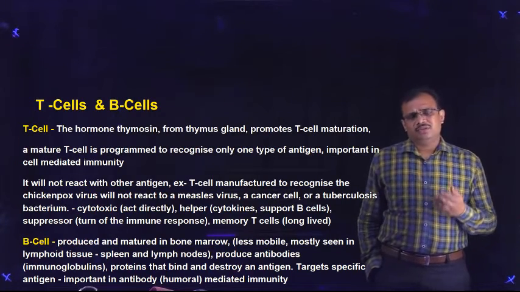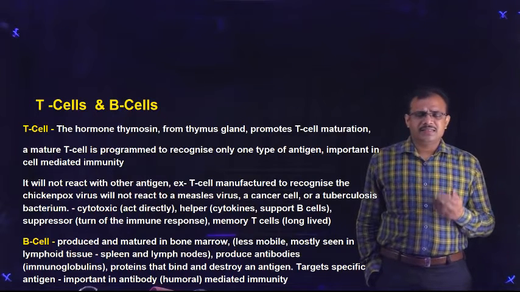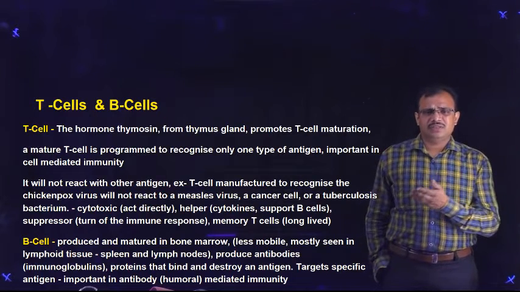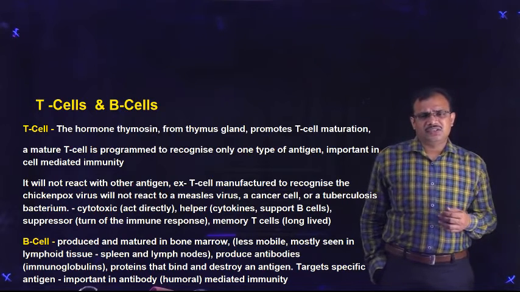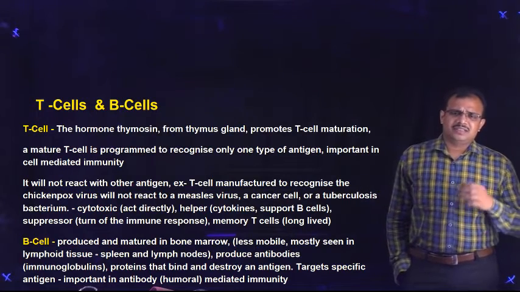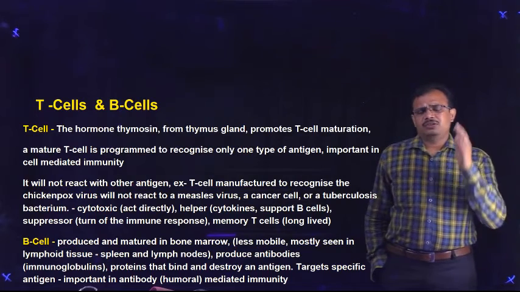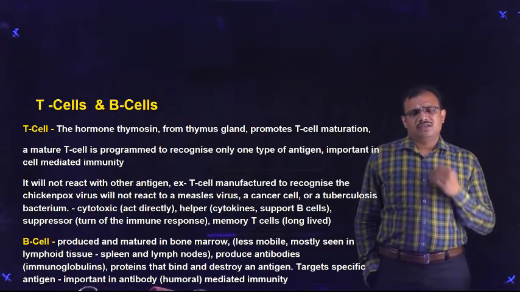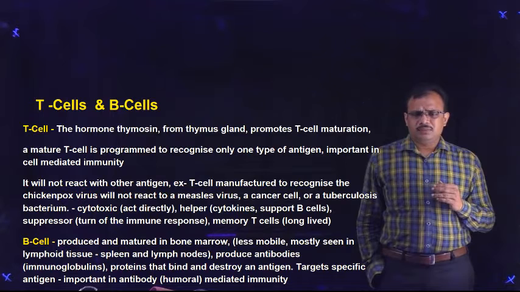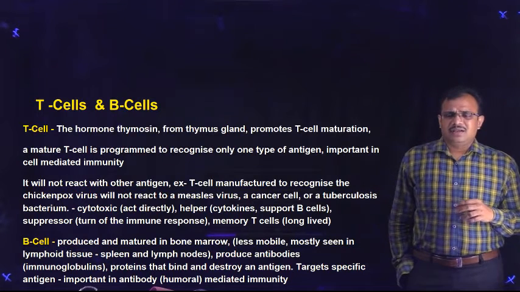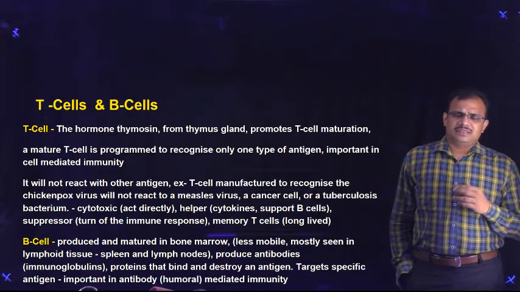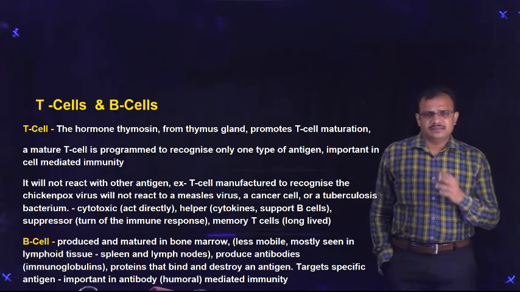So cytotoxic T cells are the T cells which we have discussed now. That is, they are specific to a type of antigen. These cytotoxic T cells go and directly bind to that particular antigen and cause destruction or removal of that antigen.